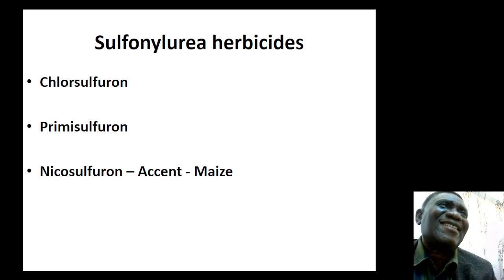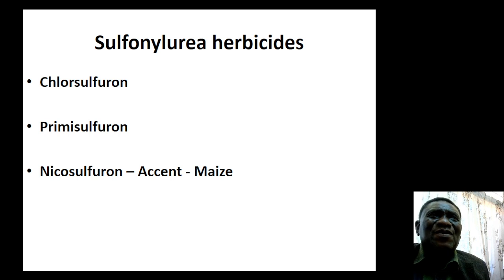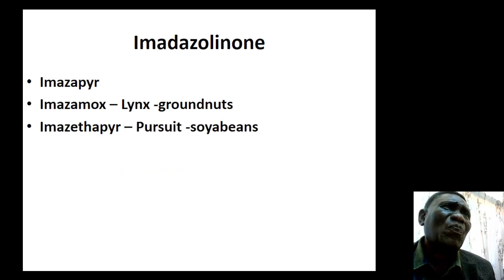Sulfonylurea herbicides, we have chlorsulfuron, primisulfuron, but nicosulfuron is easy to remember because it is commonly used in maize to kill couch grass. It's known as Accent. Imidazolinones, we have imazapic, imazamox in groundnuts, or imazethapyr in soybeans. I indicated there could also be imazaquin.